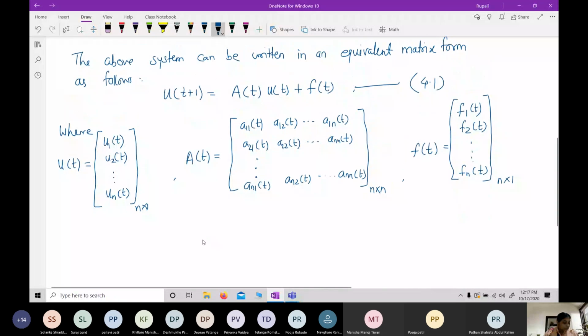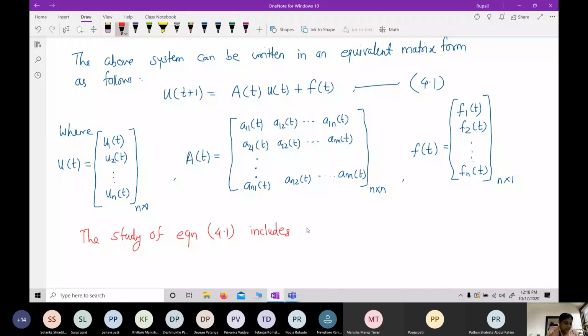So now the study of system 4.1 includes the study of the nth order scalar equation. This is my matrix or vector equation, you can say vector equation.